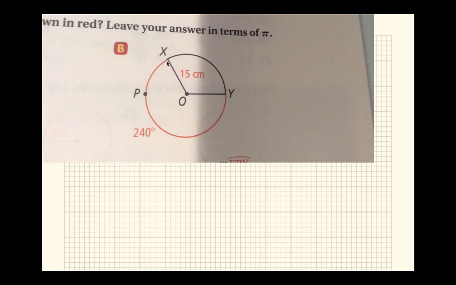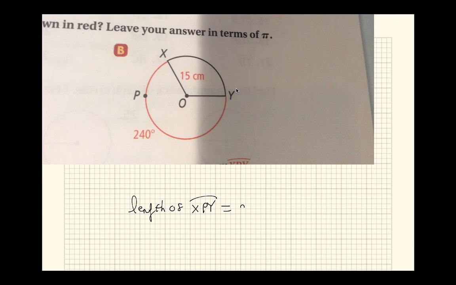So all we're doing is the length of arc XPY. That's equal to the circumference, which is 2 pi times 15. And how much of the circumference are we taking? 240 divided by 360.